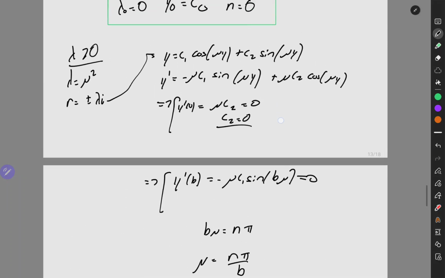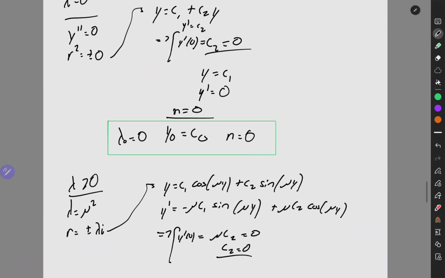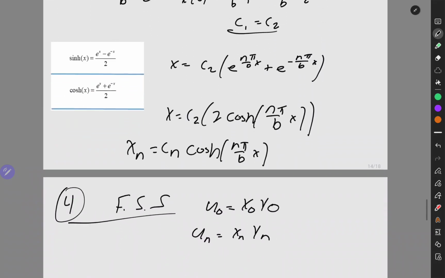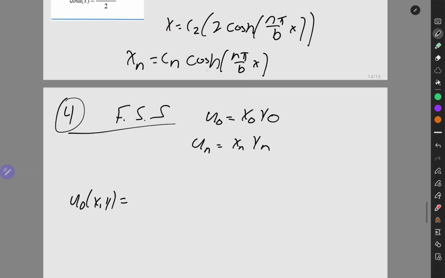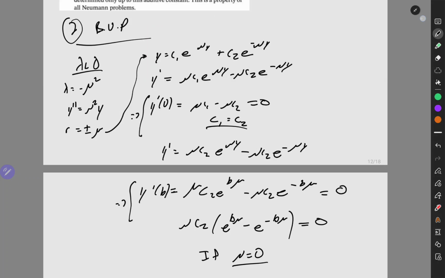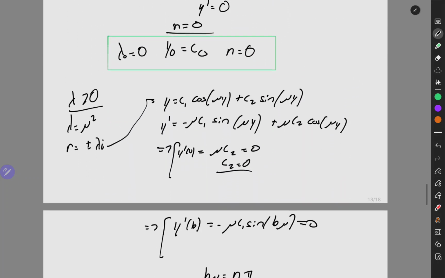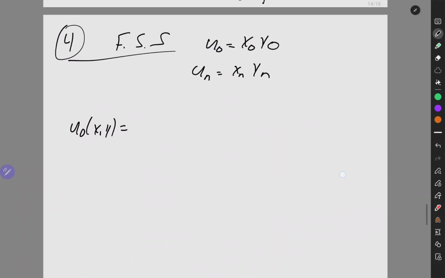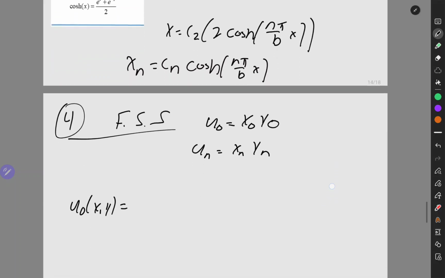We know Y naught is C naught. What is X naught? Plug a 0 in for n here. Cosine of 0 is 1. So we can see that that's just going to be equal to a constant.